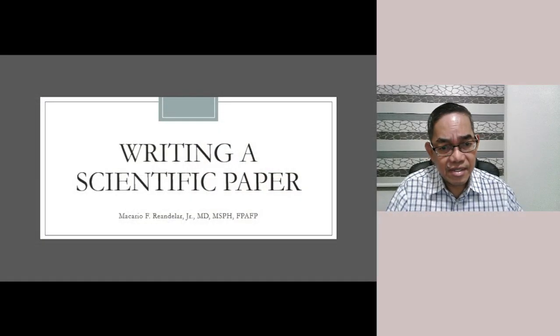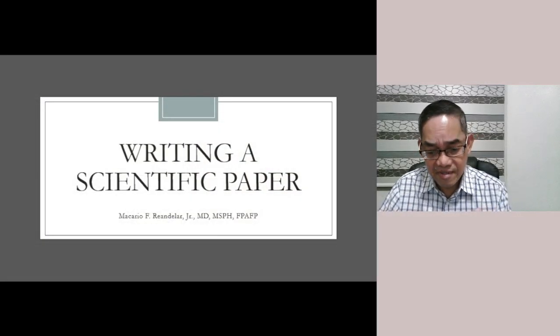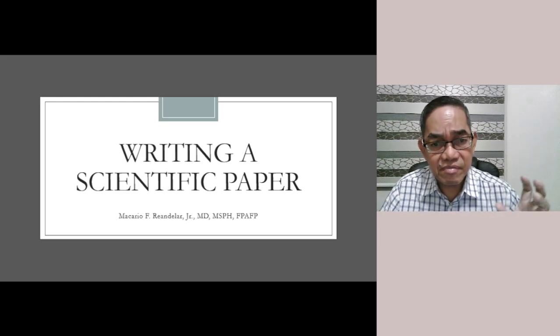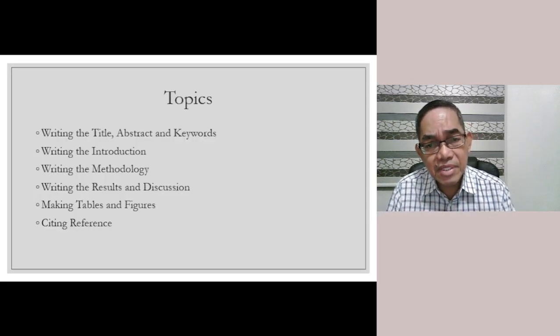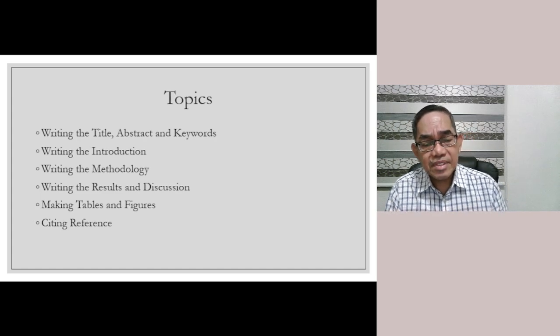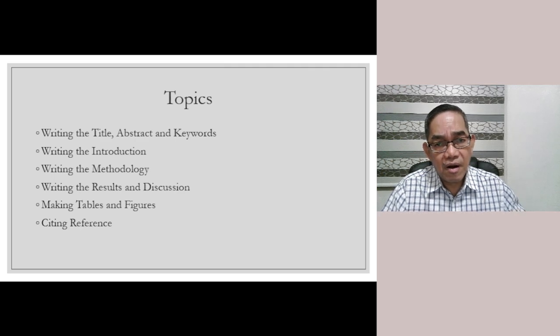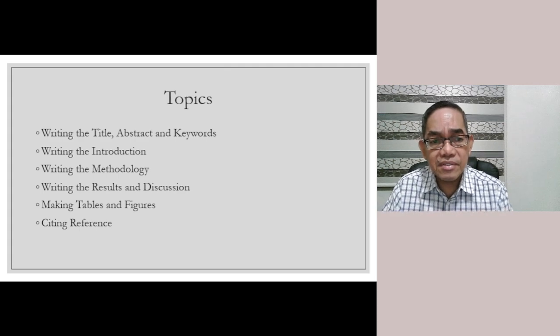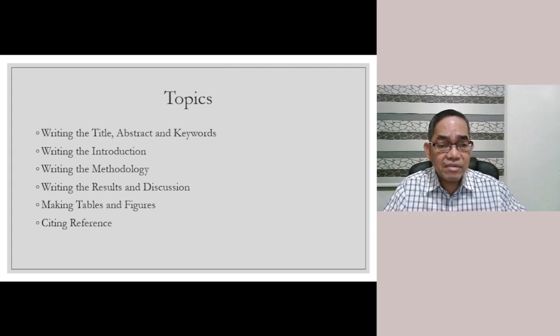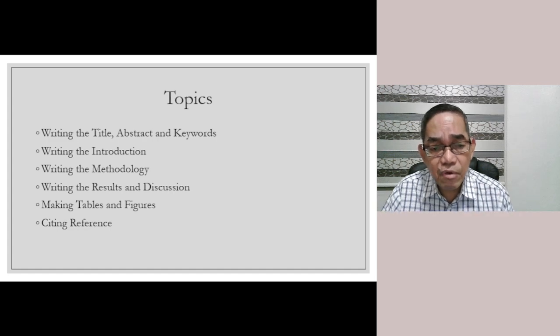And so, writing the scientific paper, these will be the different topics that we will be discussing. First, we will be talking of an appropriate title, abstract, and keywords, and then writing the introduction, then writing the methodology.